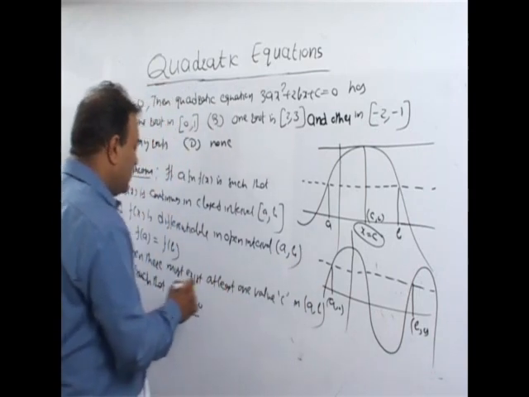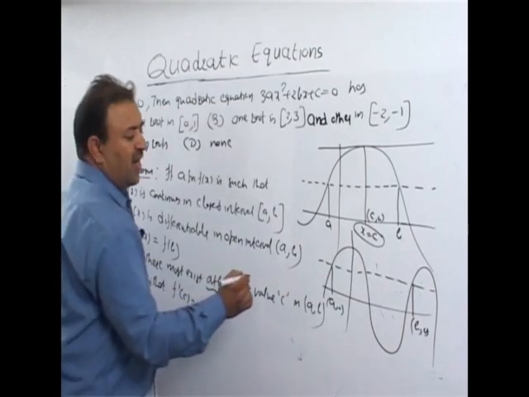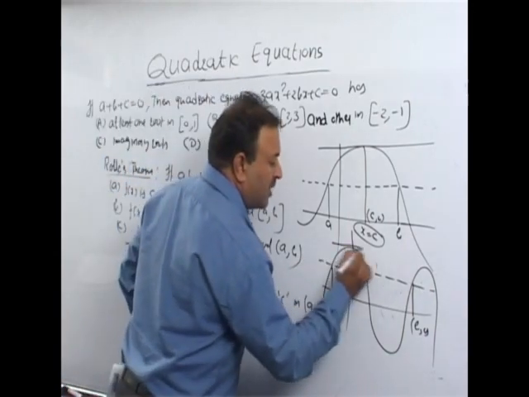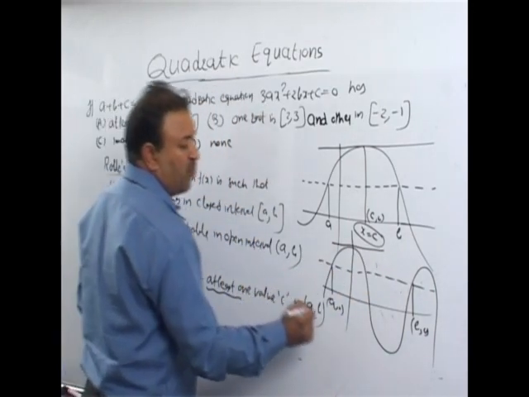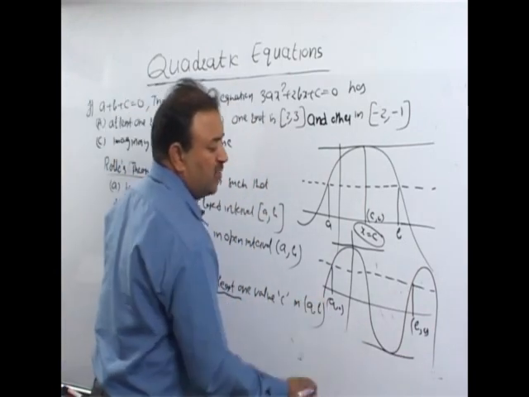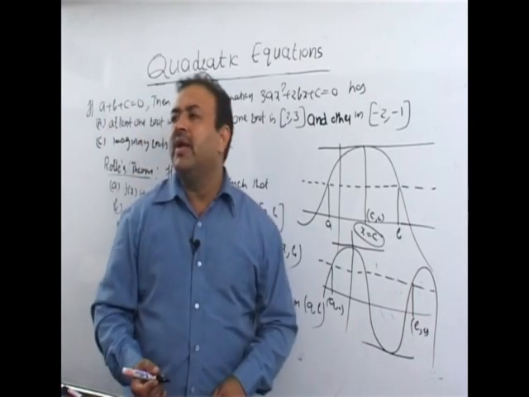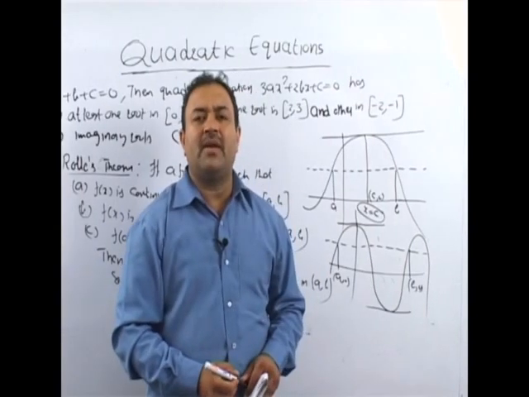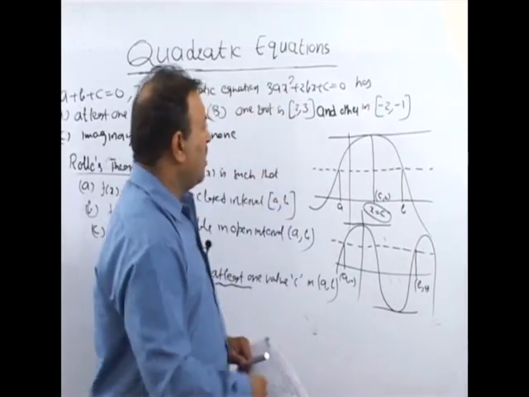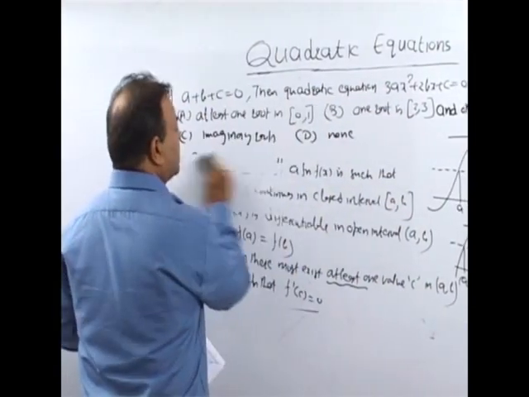Then there must exist at least one value where we can draw a tangent. In this case we see there are 2 points at which we can draw a tangent parallel to the x-axis. Now we are doing this problem using this concept of Rolle's theorem.